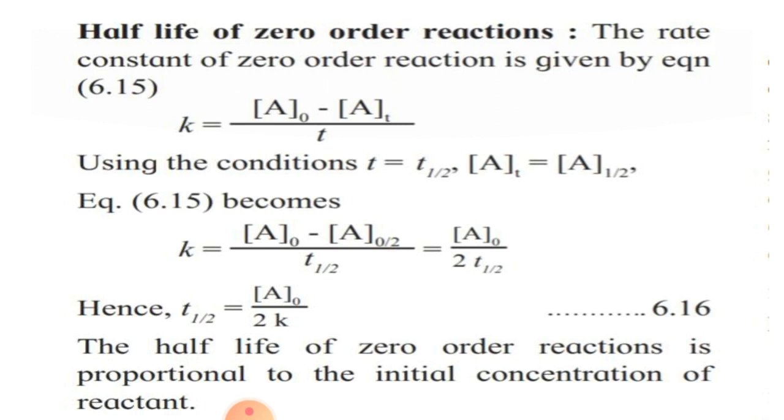This is the half-life of zero order reaction, which is proportional to the initial concentration of the reactant. Fine. So T half is equal to A naught upon 2K, which states that the half-life of zero order reaction is proportional to the initial concentration of the reactant.